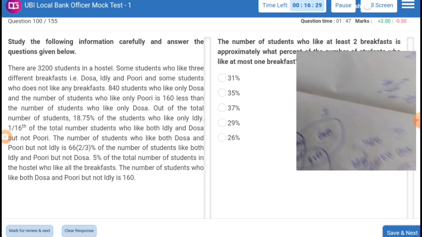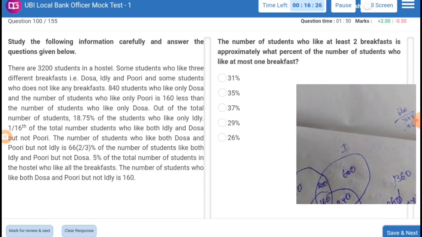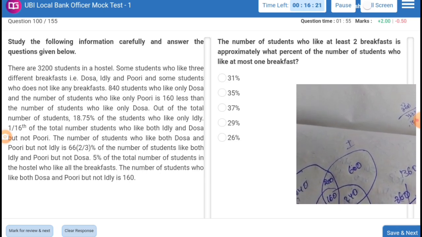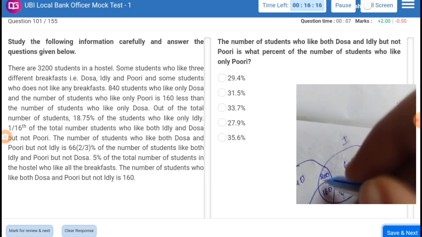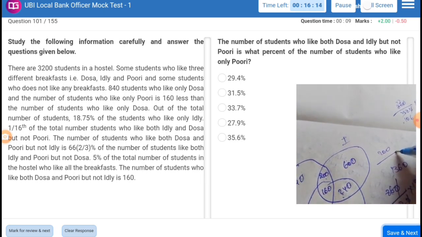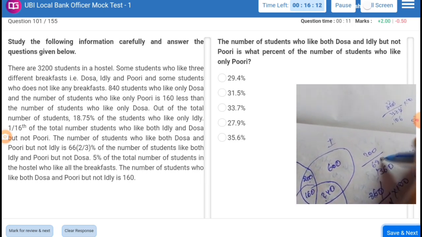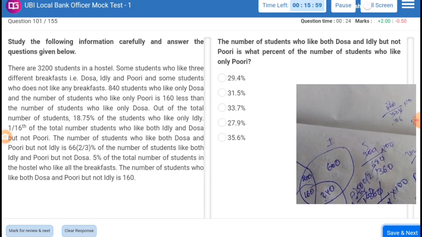So the number of students who like both dosa and idli, only puri: $29.